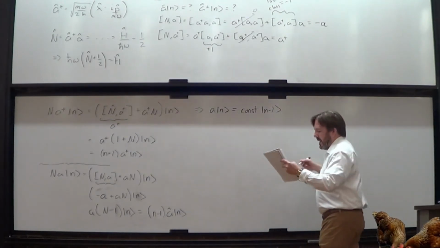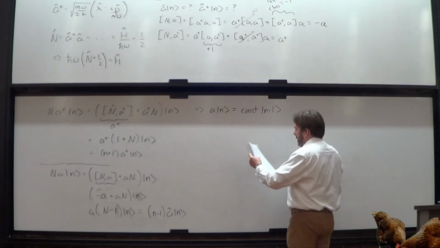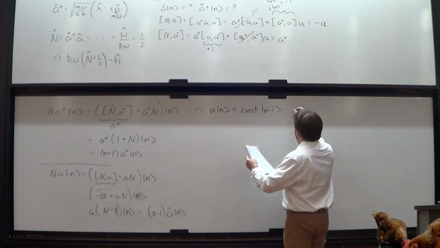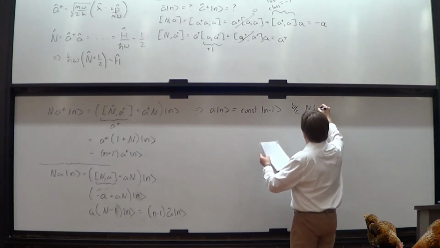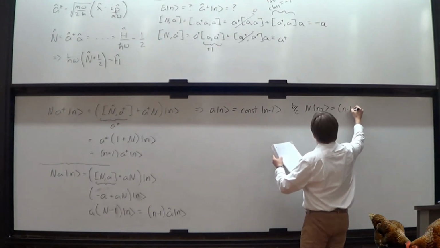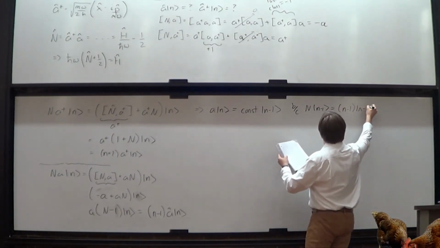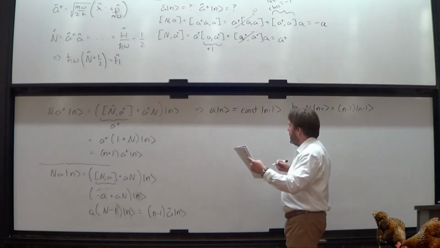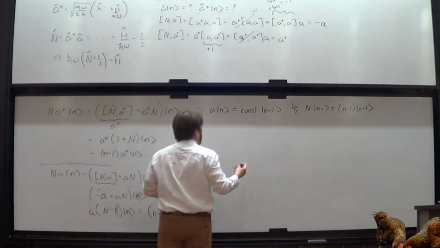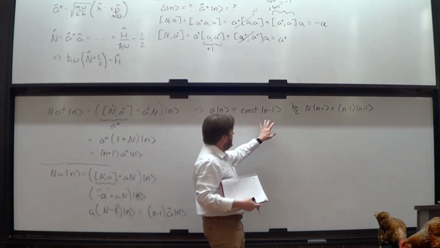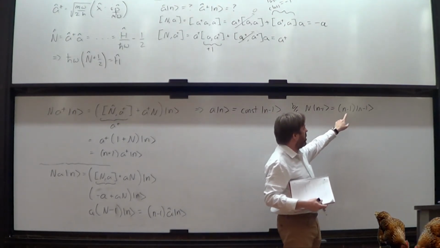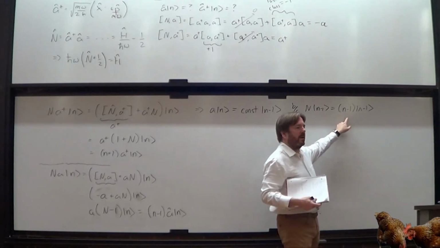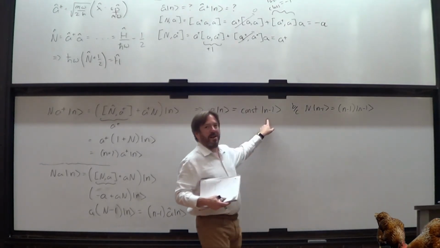It has to, and that's because N times N minus 1... for N to operate on something and return a value of N minus 1, the state has to be N minus 1, right?